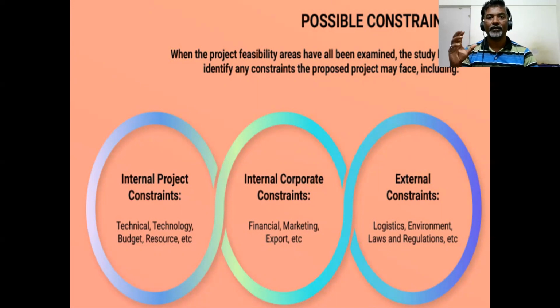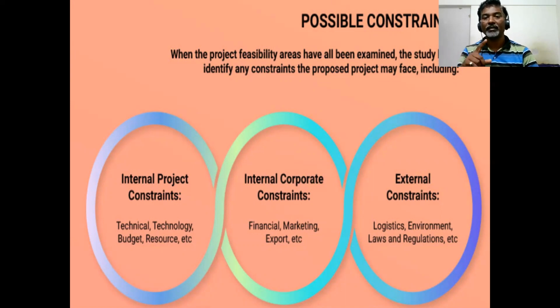If those are not suitable to fulfill all the requirements, then that is the first constraint. You have to identify good technical tools, good technical persons, technologies, and budget. This is the first constraint.